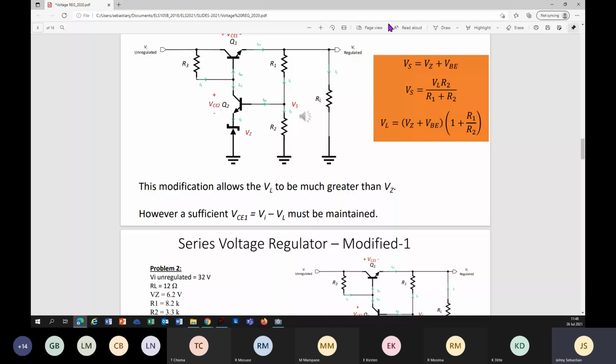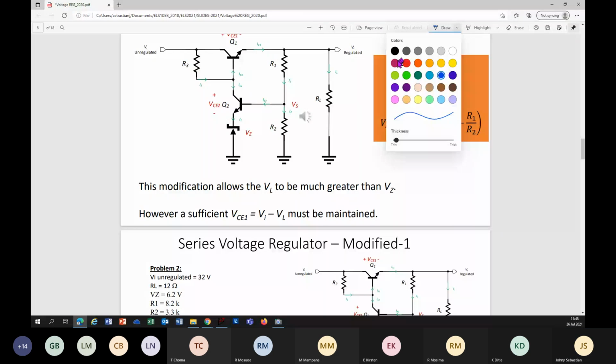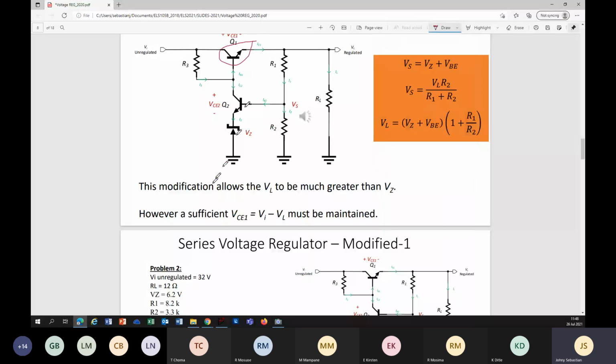There is no change on that one. The modification here is a second BJT connected where the Zener diode current is flowing.